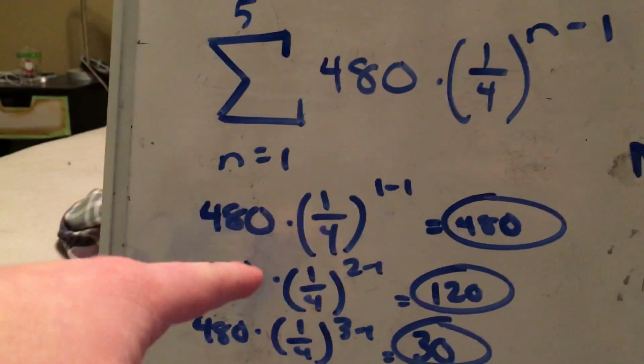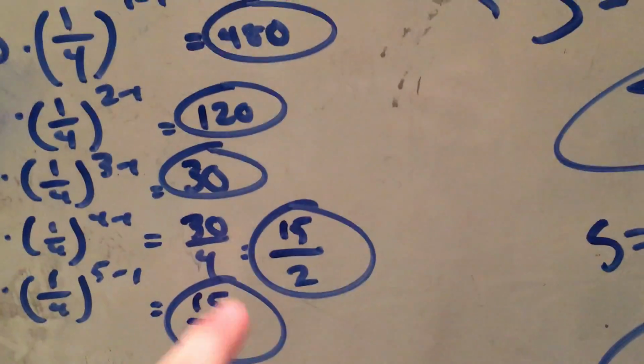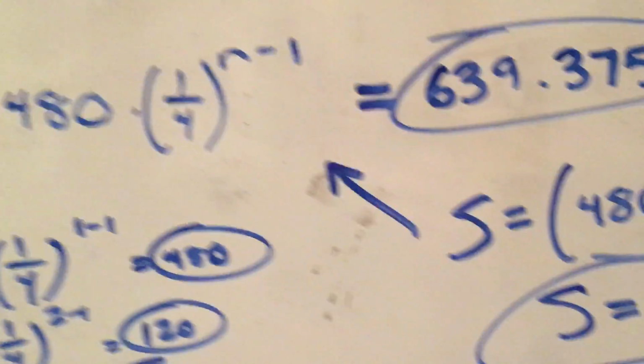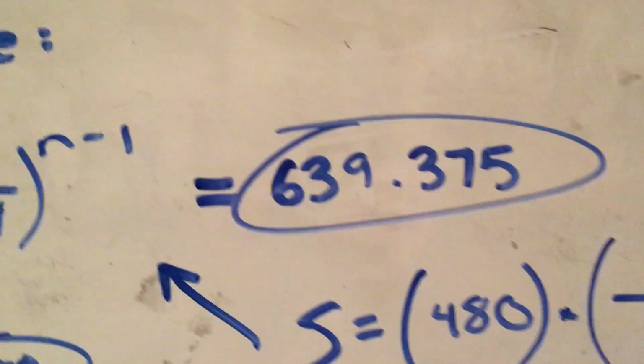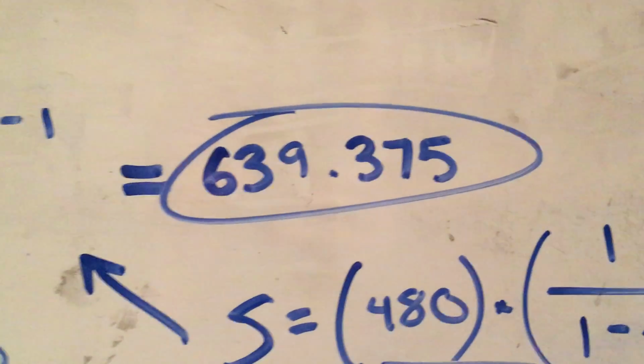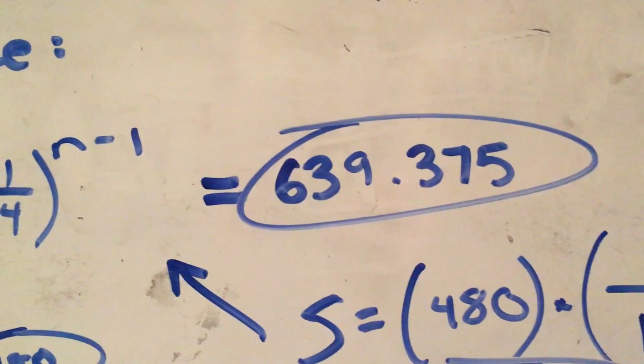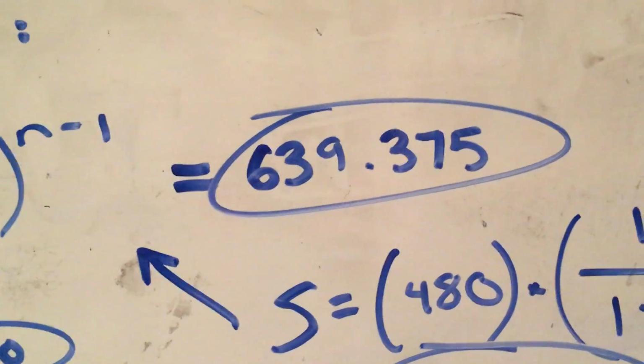And what sigma tells us to do is to add all of these terms up in the sequence, making a series. So now that finds us the total distance it has traveled in the first 5 days, but what about the total distance from the y-axis?